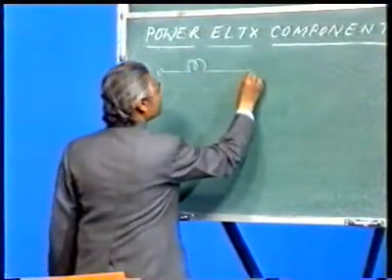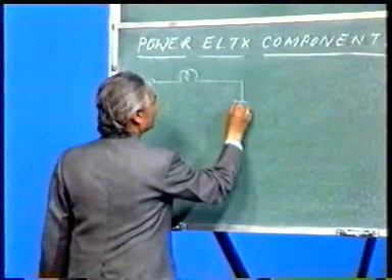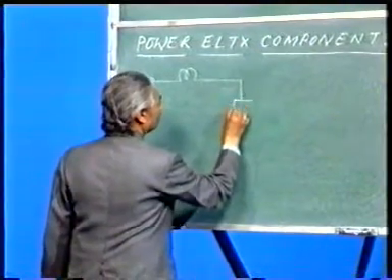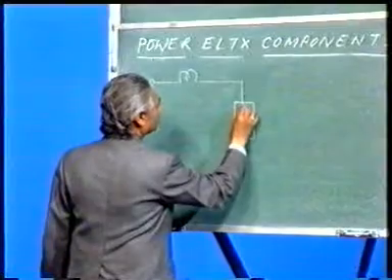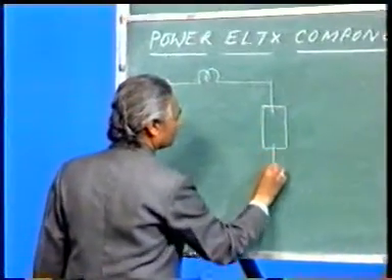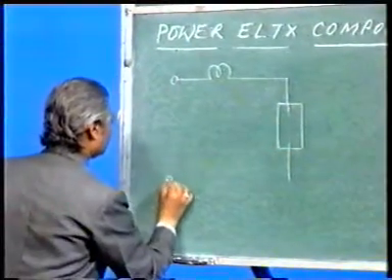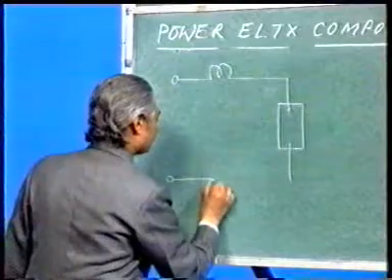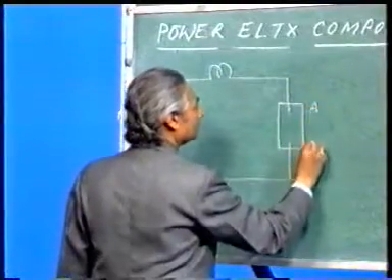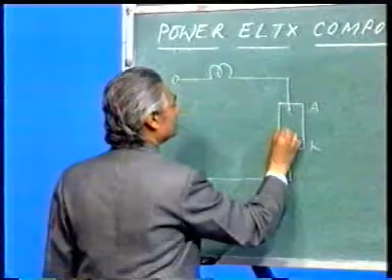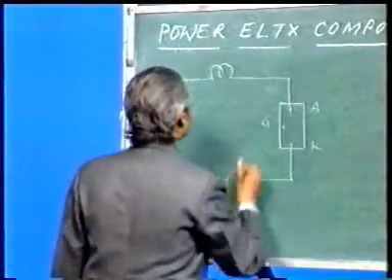A very simple circuit. This is anode, this is cathode, and this is, say, gate.